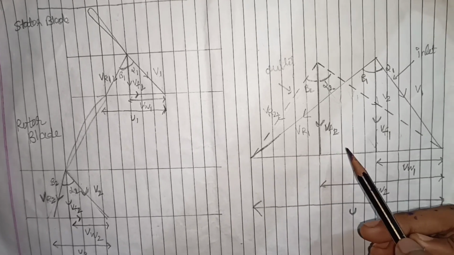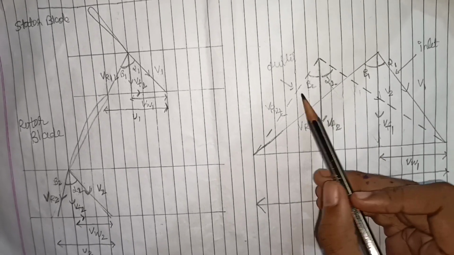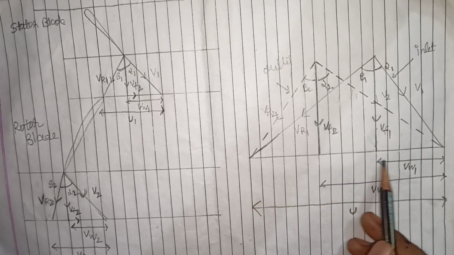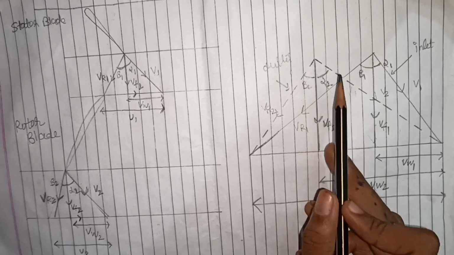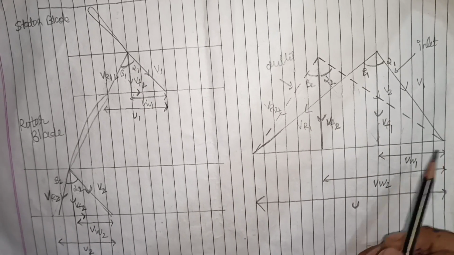We have to notice this while drawing the combined velocity triangle. The dashed line is vr2, which I have drawn here, and u1 equal to u2 is already here. Thus we only have to join v1 and v2 with u.